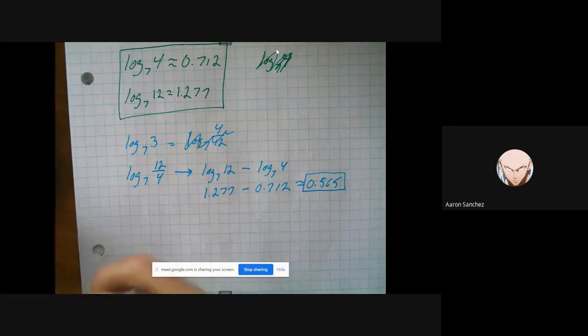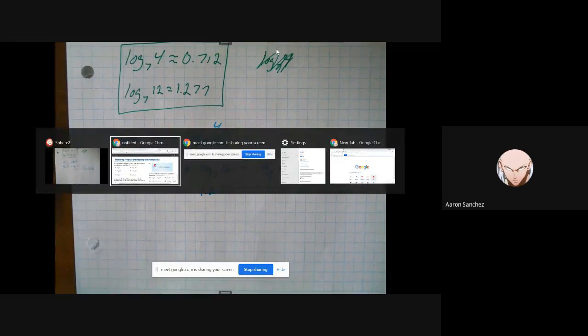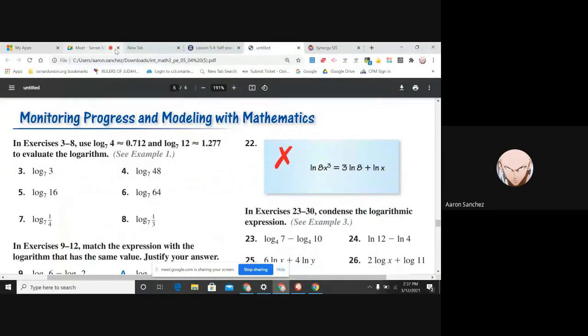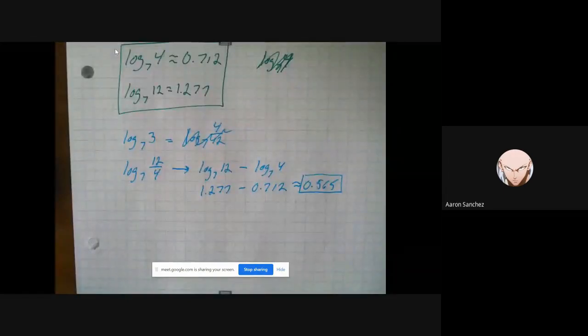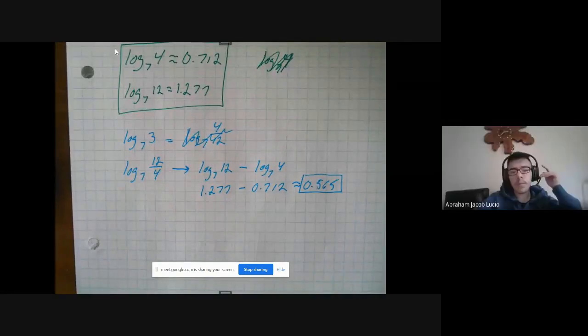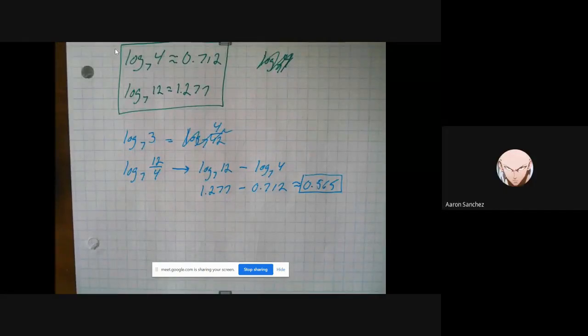That's it. All right, let's see who understands that. I'm checking you guys. Oh, let me go back. I'm going fast. I'll leave it there. Are there any questions? Is that 0.565? Yep, that is.